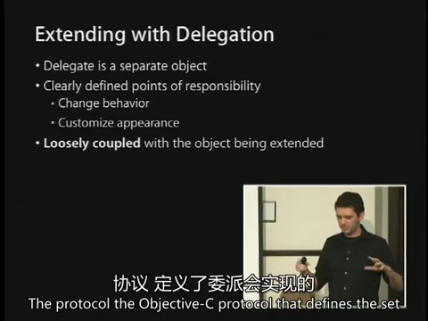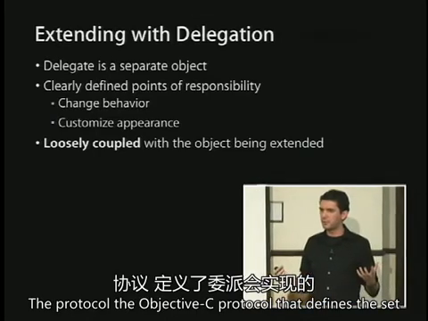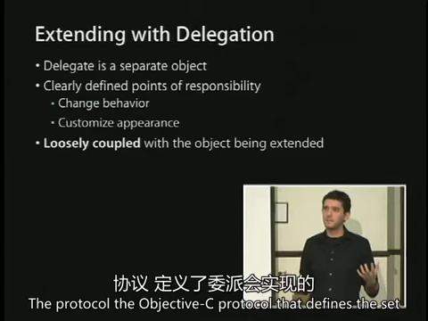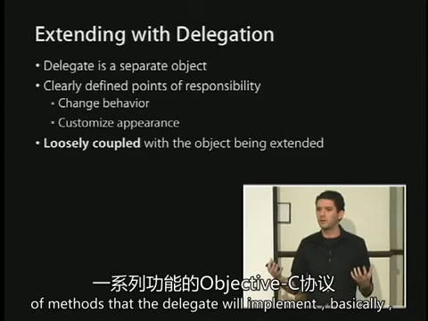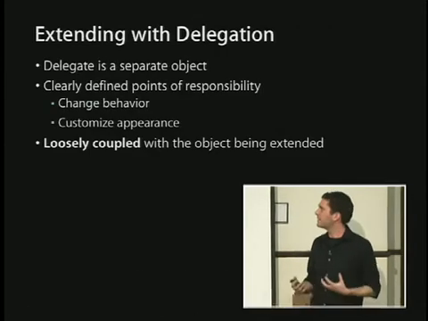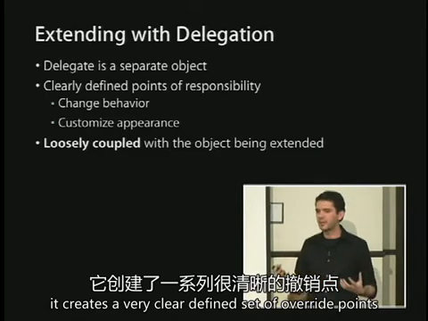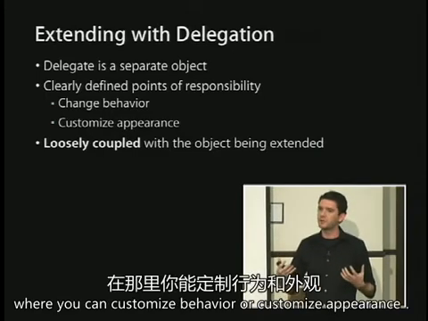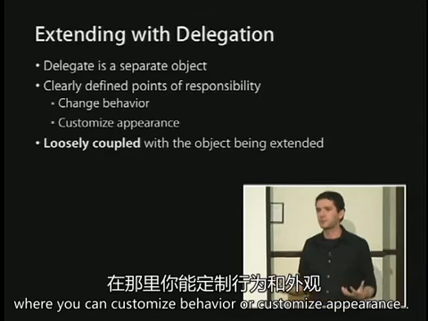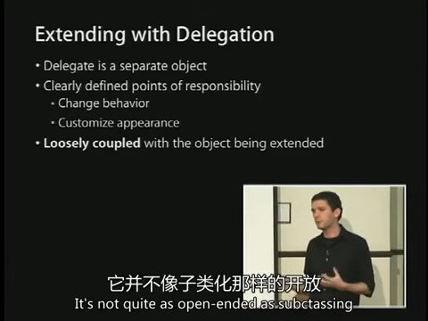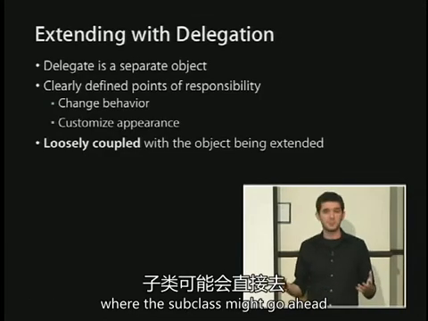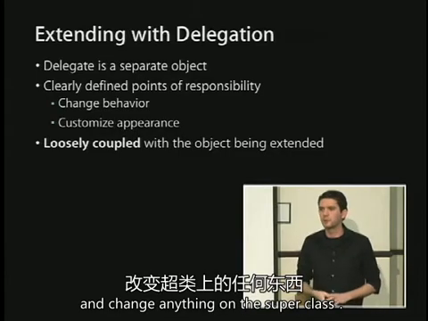The Objective-C protocol that defines the set of methods that the delegate will implement, basically it creates a very clear defined set of override points where you can customize behavior or customize appearance. It's not quite as open-ended as subclassing, where the subclass might go ahead and change anything on the superclass.